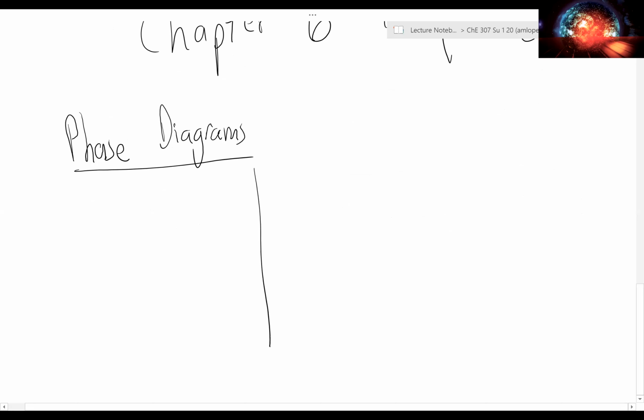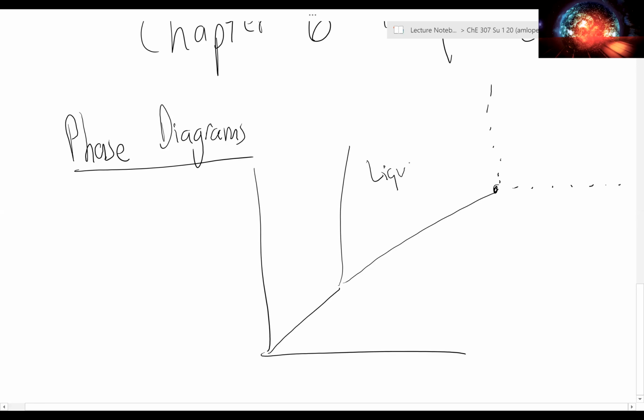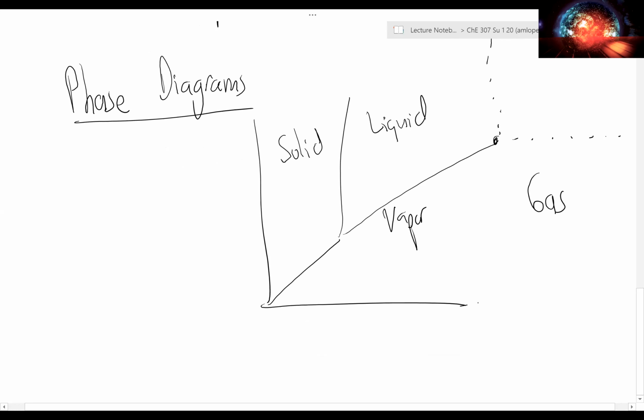And I know we've seen these when we talked about non-ideal gas equations of state, but it's important because it allows us to consider which phases may be present as a function of both temperature and pressure.